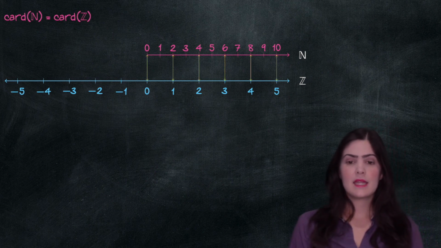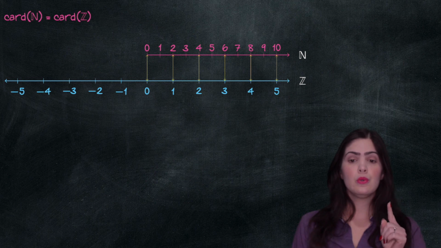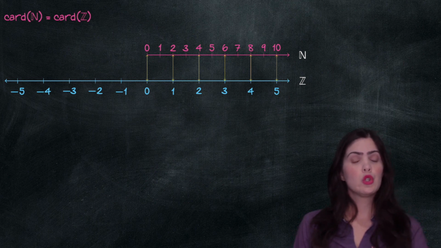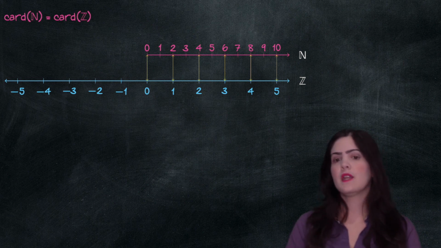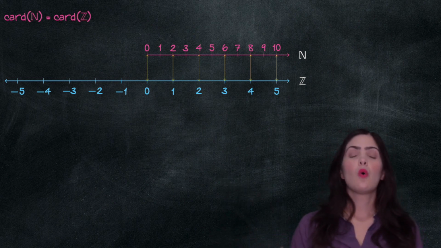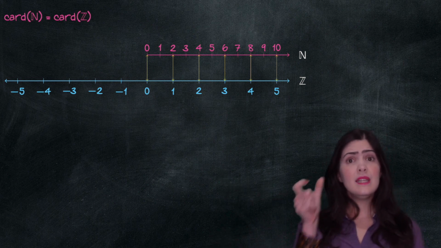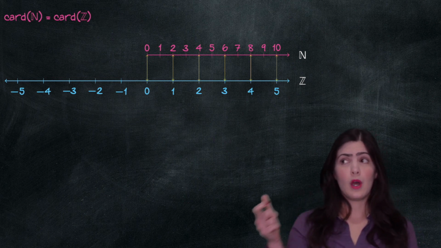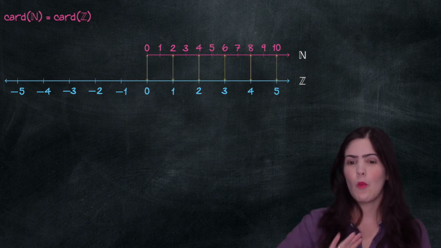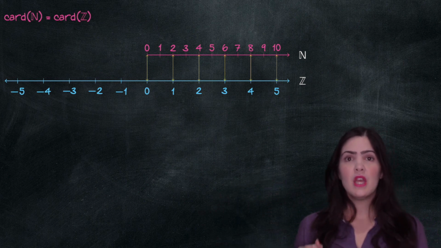You see, I can send 0 to 0, 2 to 1, 4 to 2, 6 to 3, 8 to 4, 10 to 5, and then it would be 12 to 6. So for any natural number, I will map it to what? Well, first let's start with the even numbers.